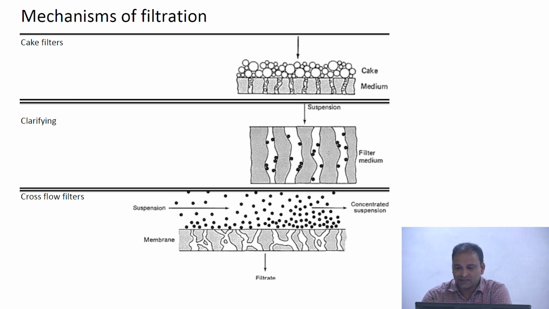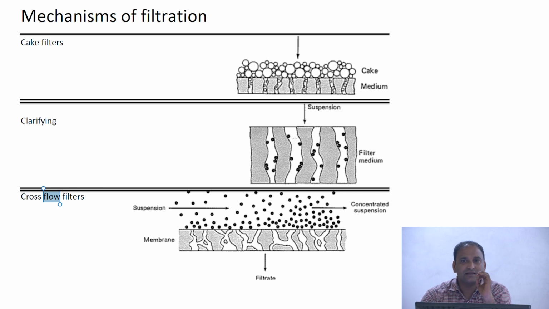One distinction that you see between the image on the top and the bottom is that most of the solids are deposited over the filter medium in the cake filters. That's what the schematic shows. However, if you look at the clarifying filter, there are a lot of solids that are deposited within the pores of the filter medium.